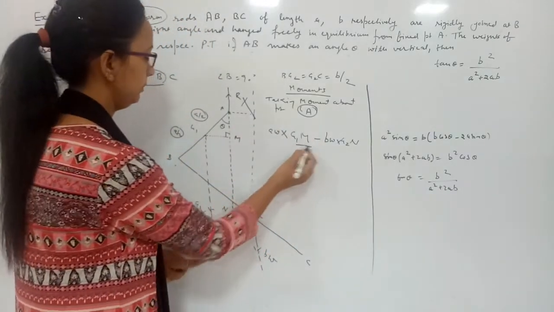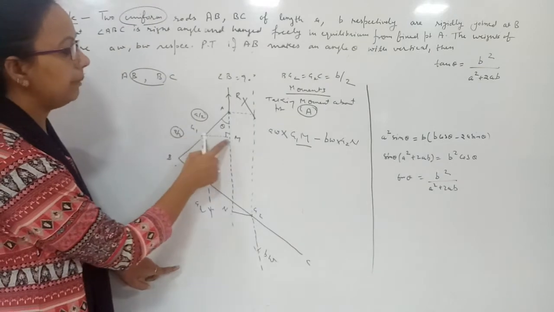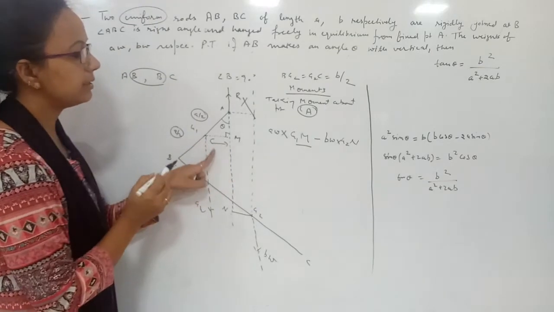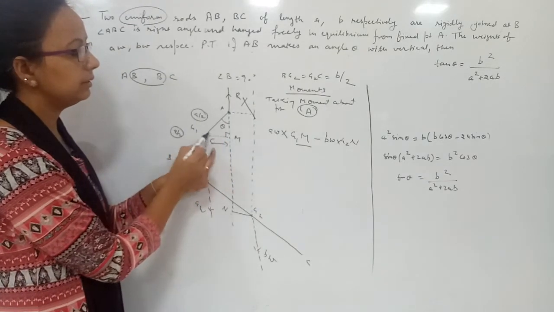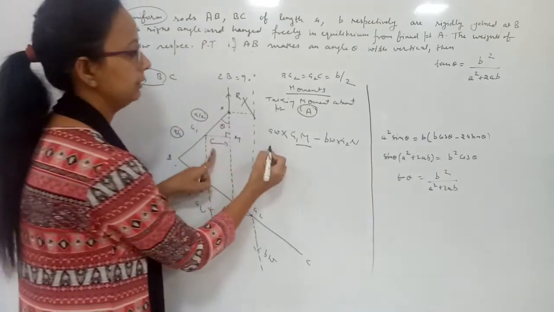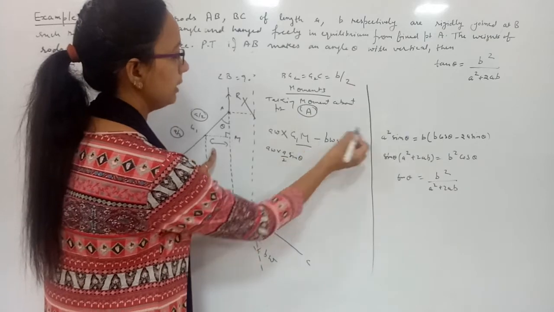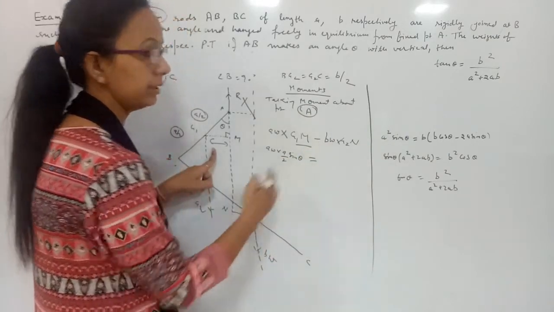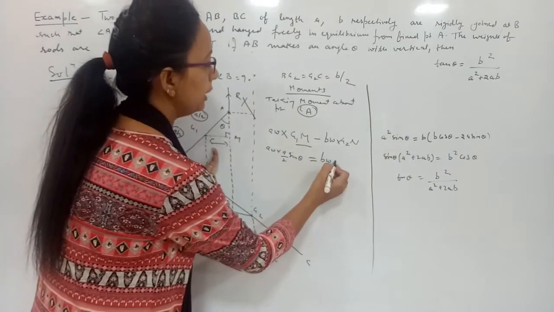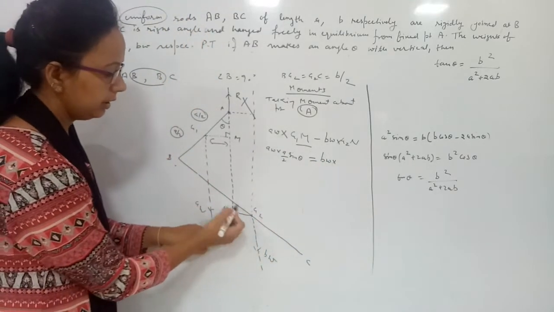Now what is G1M? G1M can be written in this triangle as a by 2 into sin theta, minus, and on the other side plus BW into what is G2N.